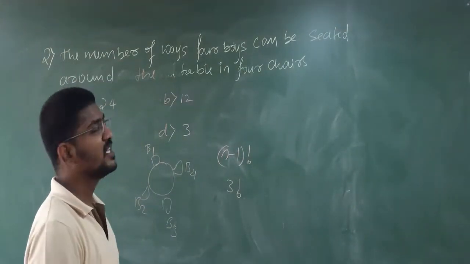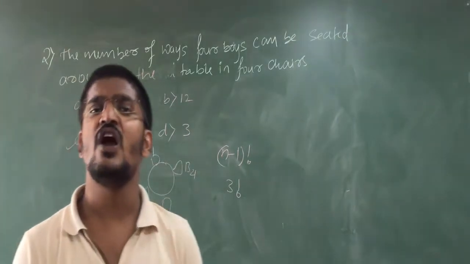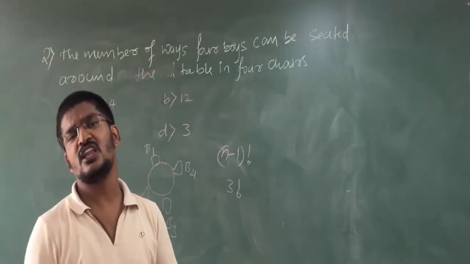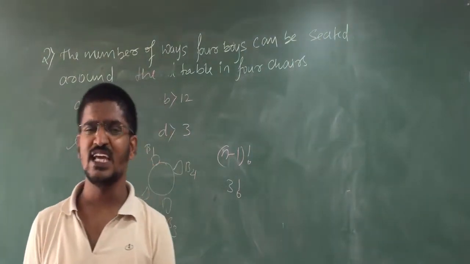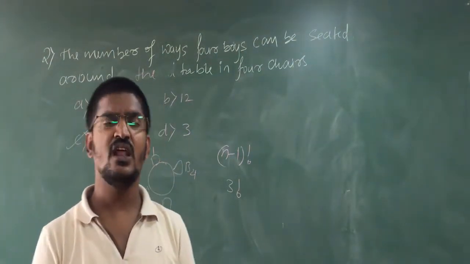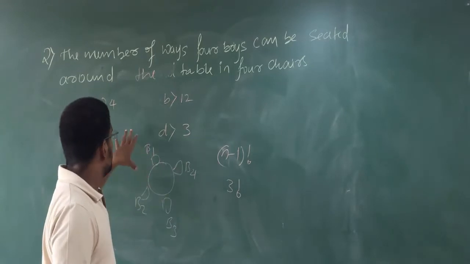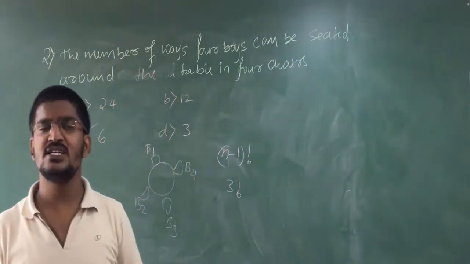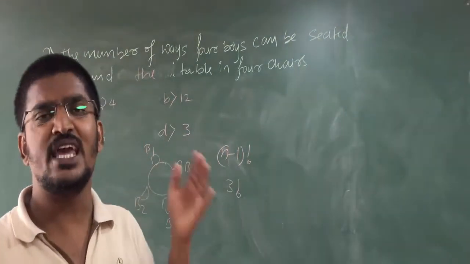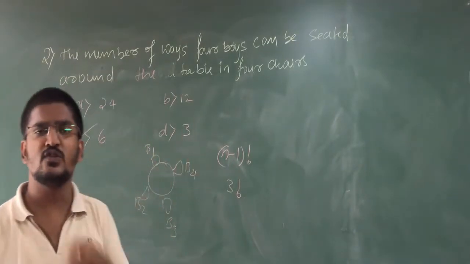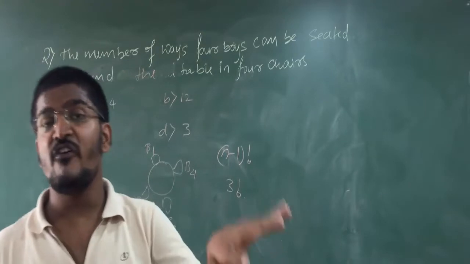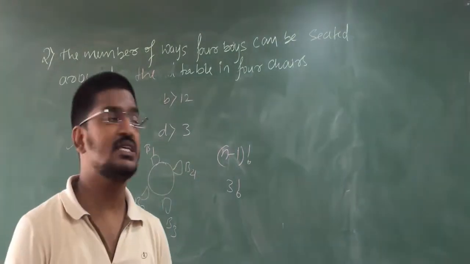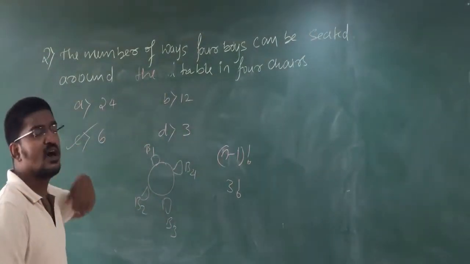So for n different things, circular permutation is n minus 1 factorial. Here clockwise, anti-clockwise doesn't matter. So n equal to 4 boys are made to sit on 4 chairs round the table in 3 factorial ways. That means 6 number of ways are there.